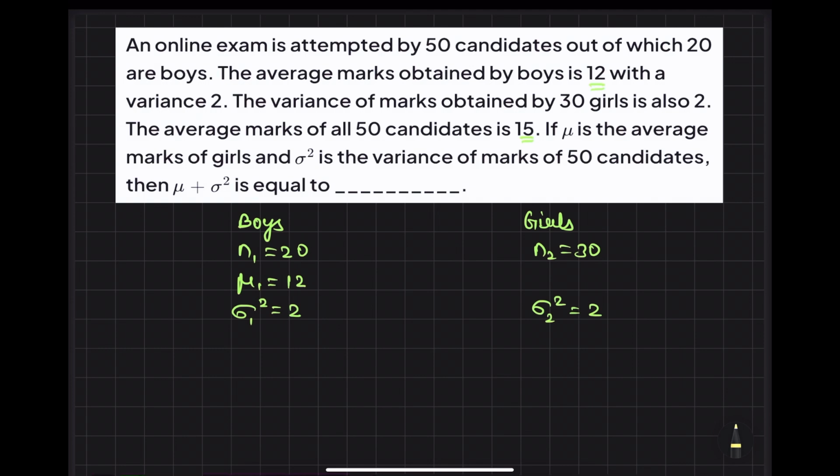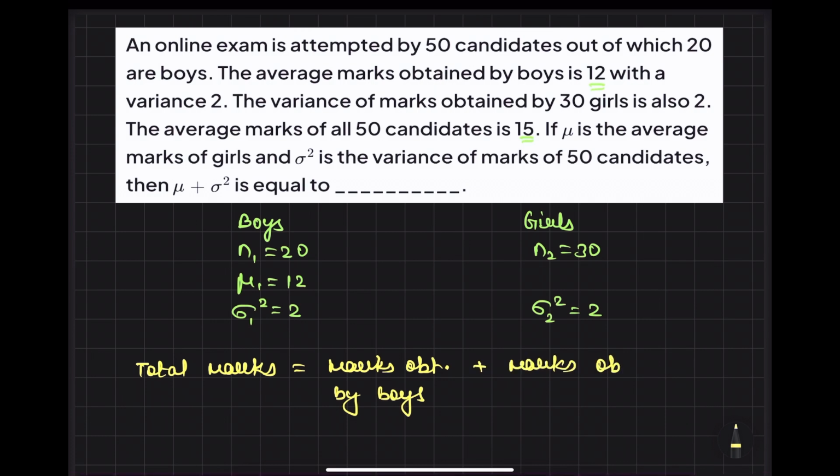So can I say that total marks equals marks obtained by boys plus marks obtained by girls? Is that okay?